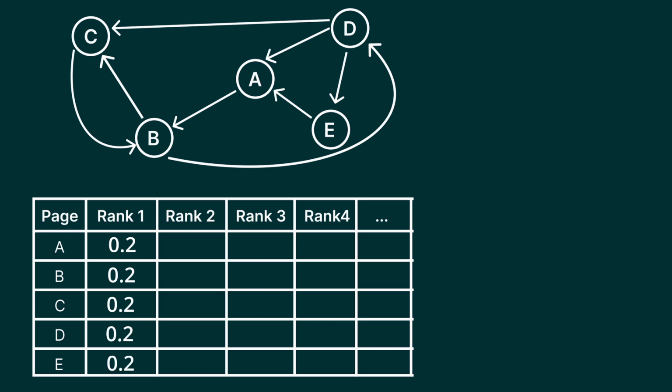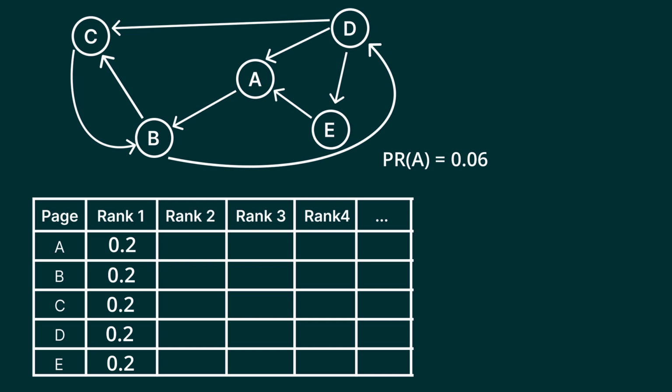Now, to calculate the PageRank of A, we look at which pages point to A, which are D and E. The rank of D is 0.2 in the previous iteration. We divide this by the number of outgoing links from D, which is 3, and 0.2 divided by 3 is 0.06.